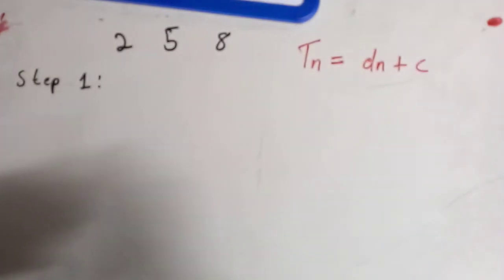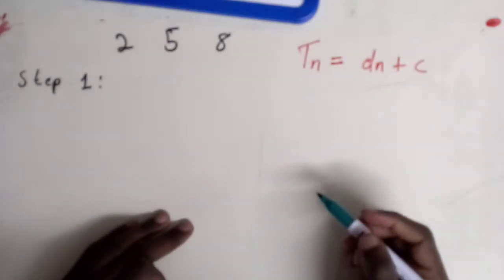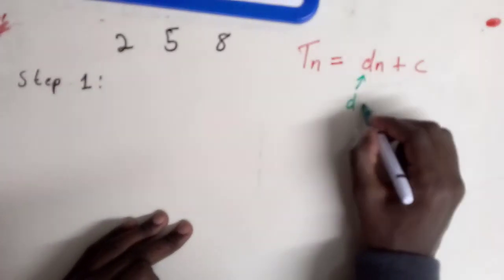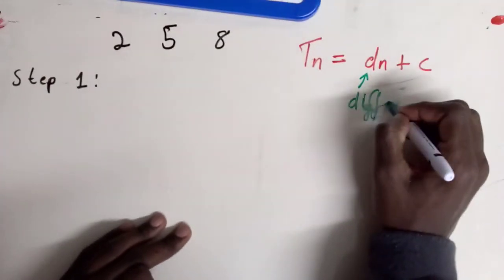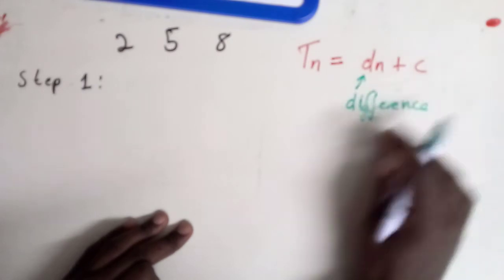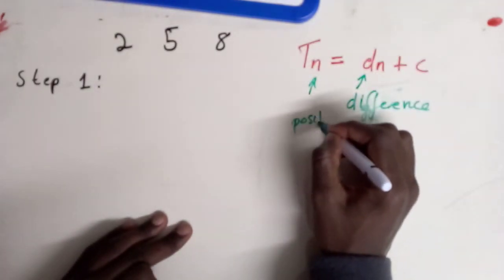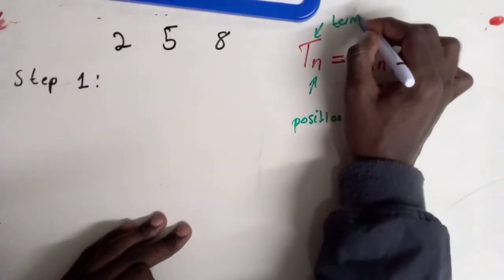Now you might think, no, this is getting tense. Not getting tense. We know d. We know d as the difference. We know n as the position. We know T as the term.